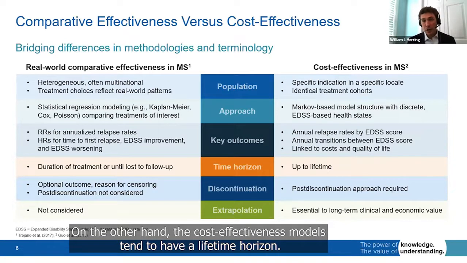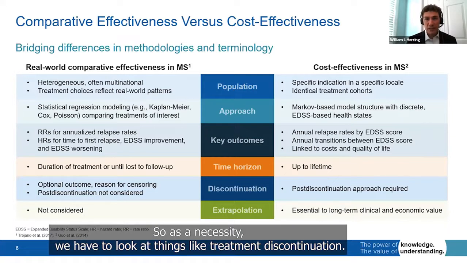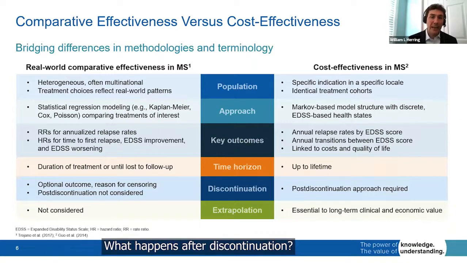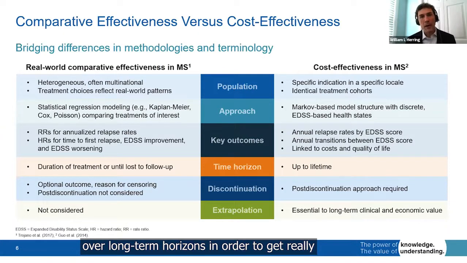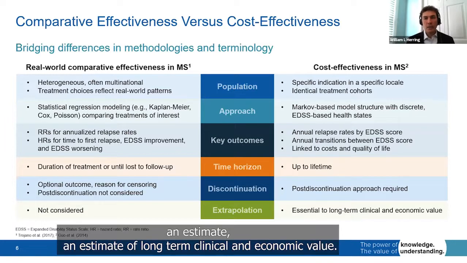On the other hand, cost effectiveness models tend to have a lifetime horizon. So as a necessity, we have to look at things like treatment discontinuation and what happens after discontinuation. We have to be able to extrapolate observed treatment effect over long-term horizons in order to get an estimate of long-term clinical and economic value.